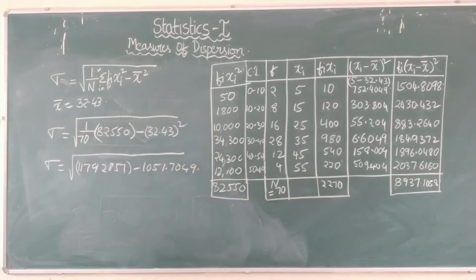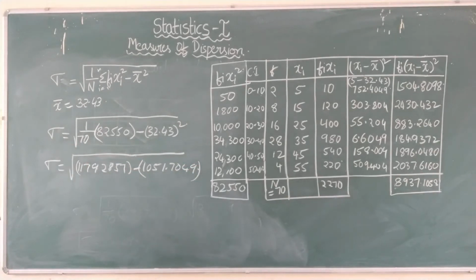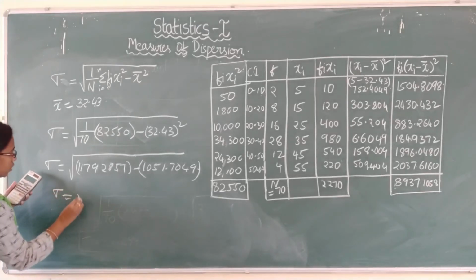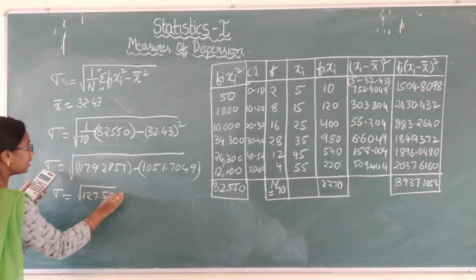Now subtract these two terms. 1179.2857 minus 1051.7049 is 127.5808.